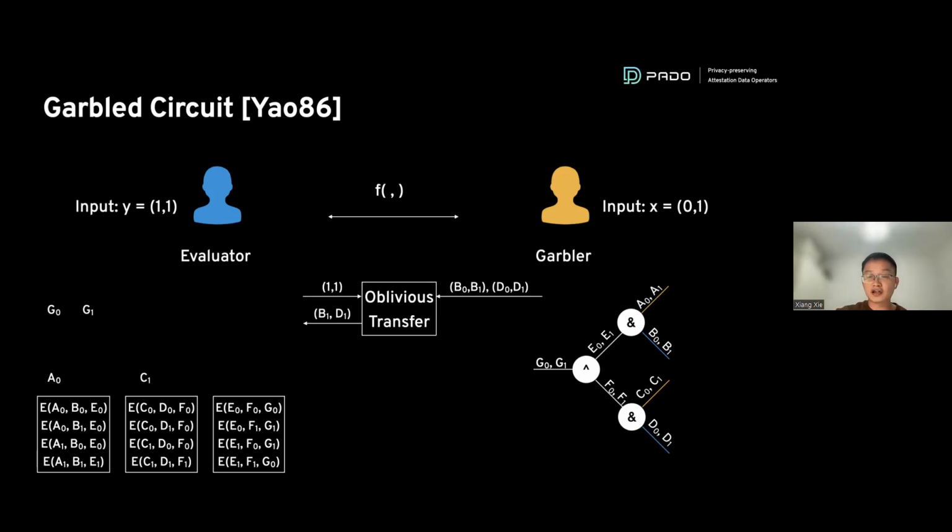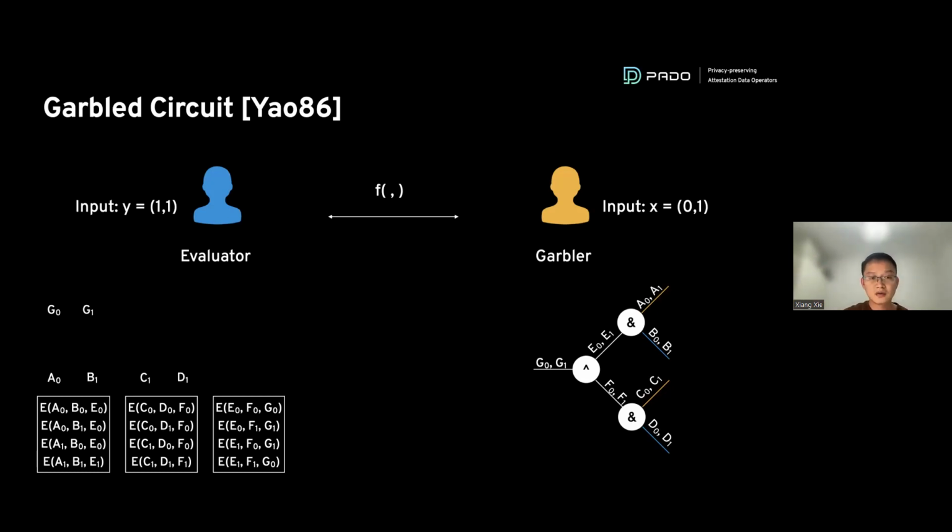The evaluator and the garbler also run oblivious transfer. The evaluator puts his input into the oblivious transfer, and the garbler also sends the labels to the oblivious transfer. The evaluator chooses the labels according to his input, B1 and D1. The garbler does not know anything about the result, and the evaluator does not know anything about the other labels.